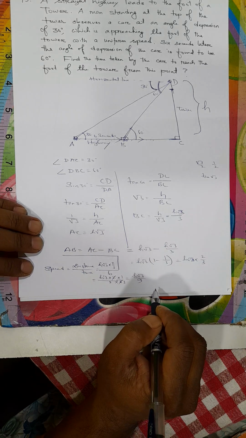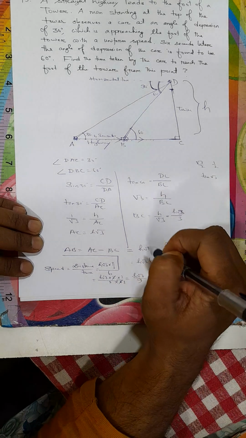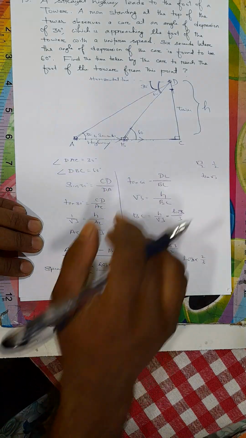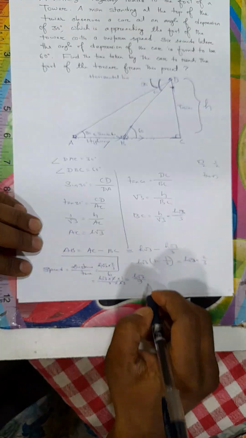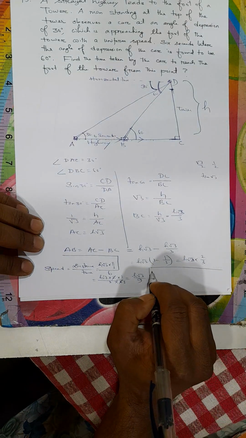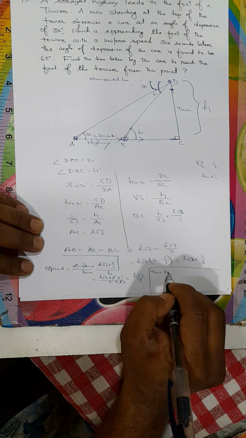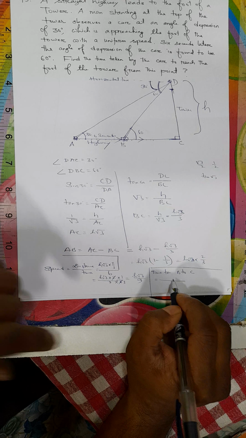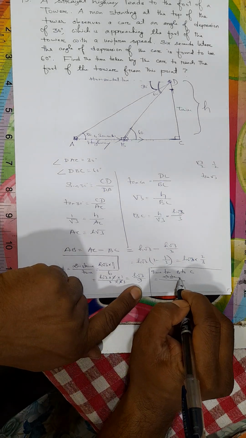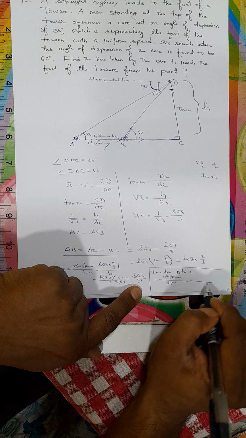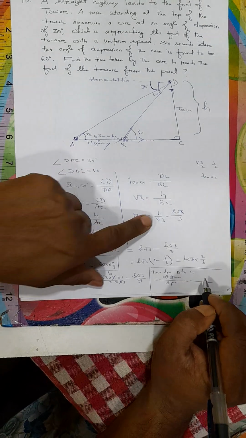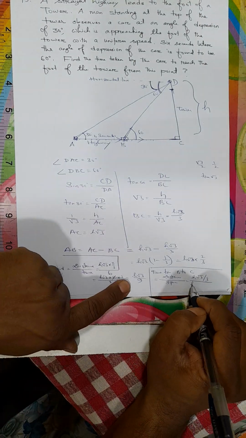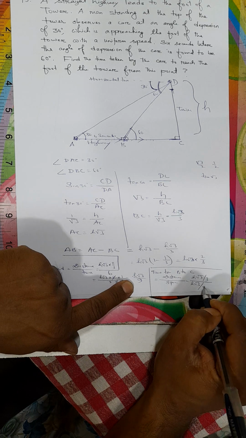Now when you divide the distance between B and C by the speed of the car, you will get the time taken from B to C. So time from B to C equals distance divided by speed. The distance BC is h root 3 divided by 3. Speed of the car, h root 3 divided by 9.